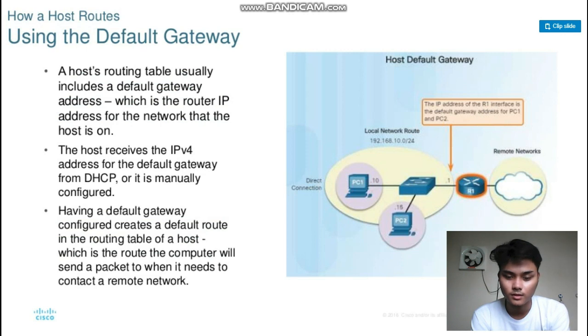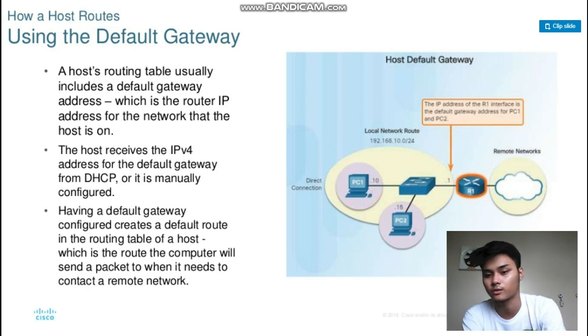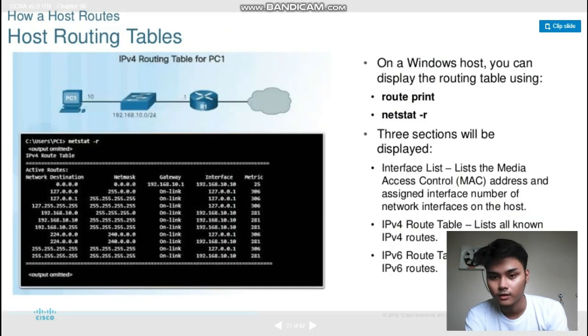As you can see, here we are using the default gateway. For example, PC1 is on the local network 192.168.10.0/24.